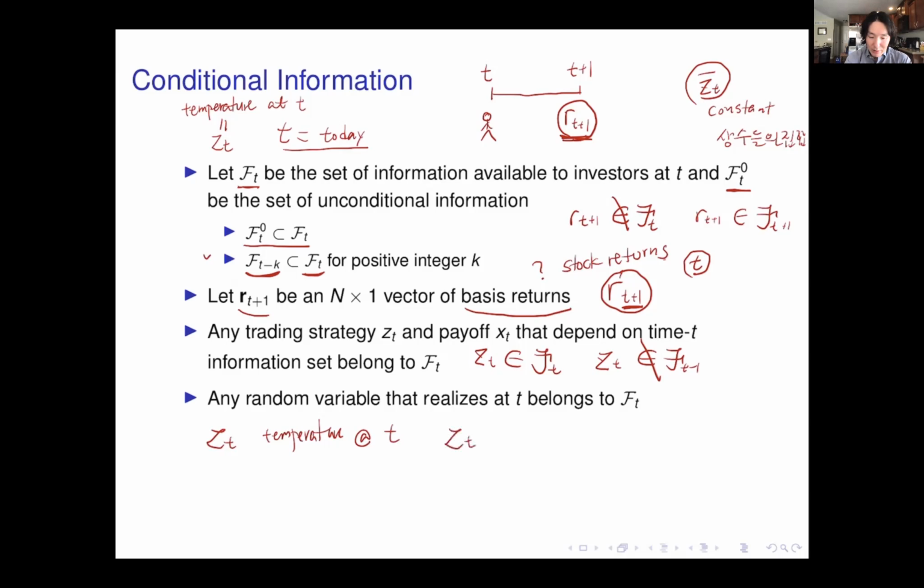Therefore, Z_t is known in F_t. So from the perspective of F_t, Z_t is just a constant. But from the perspective of t-1, Z_t is random. t-1에서 봤을 때는 Z_t는 랜덤이에요. Okay?